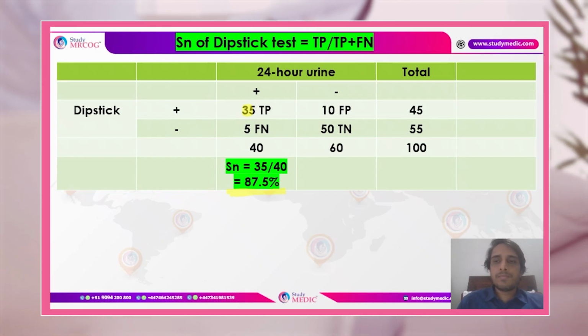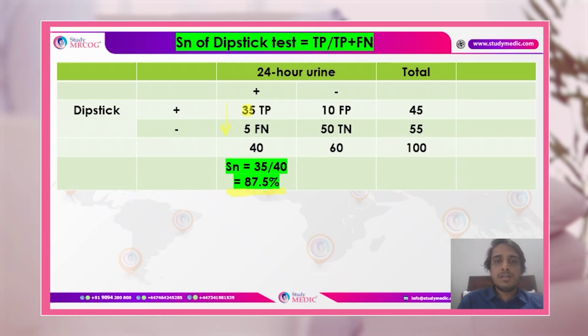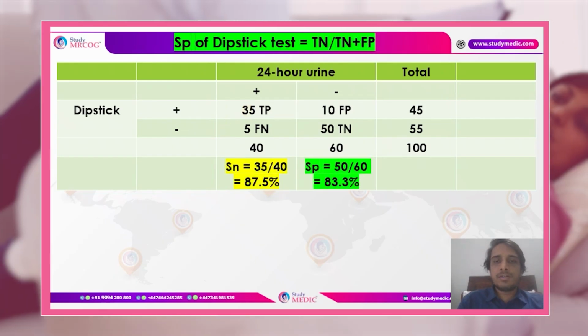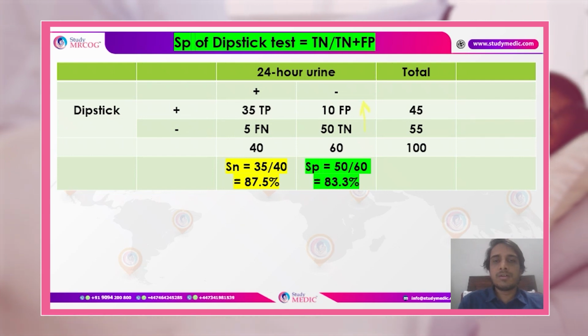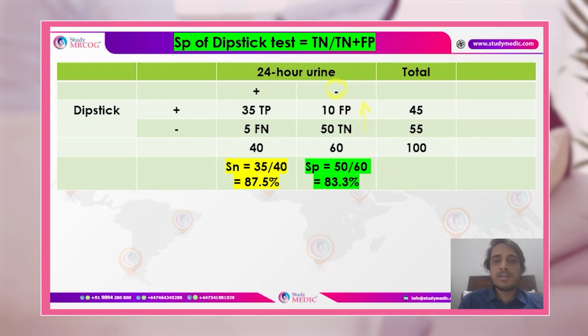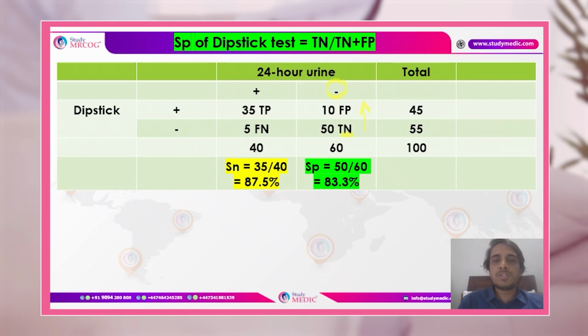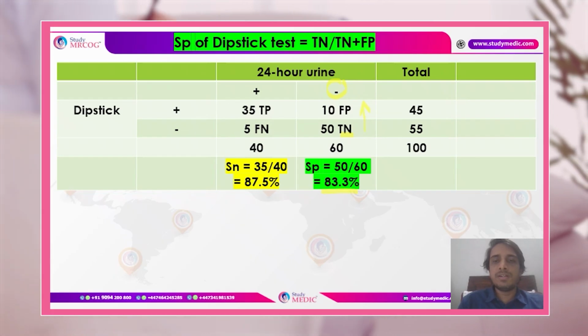That is the up to down arrow. Now what is specificity? Down to up arrow. Amongst those who do not have the condition, how many tested negative? True negative divided by true negative plus false positive. So it is 50 by 60, which is equal to 83.3%.